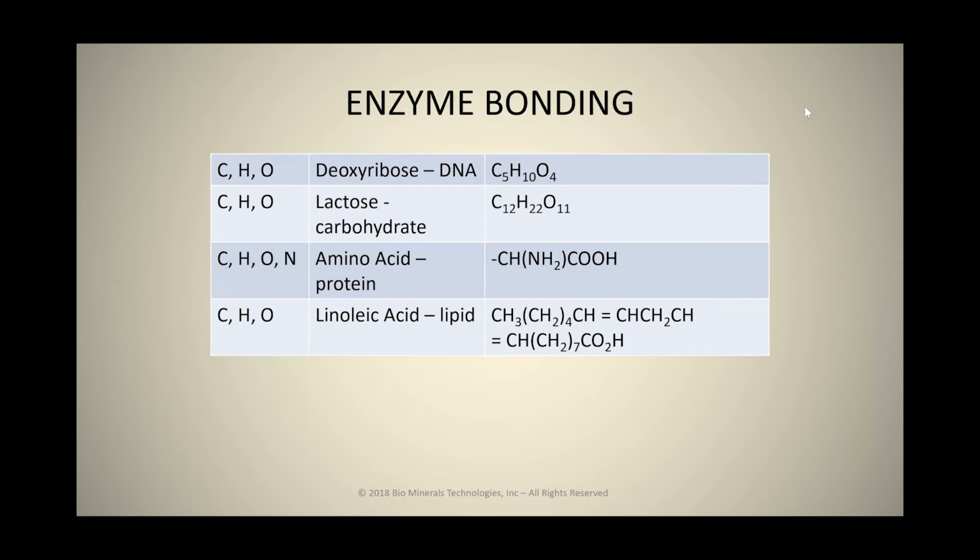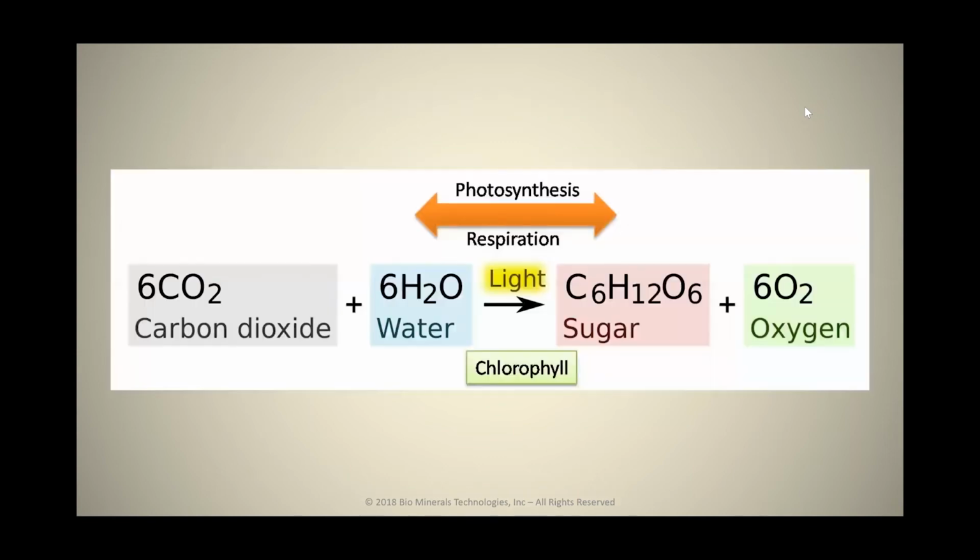Now we're making amino acids. And we can go back in and make lipids through the process of just restructuring how many carbons, hydrogens, and oxygens are put together. So this is enzyme bonding. They're going to take raw materials and start building components. This is critical that the trace elements are there. And not just a few trace elements, dozens and dozens and dozens and dozens.